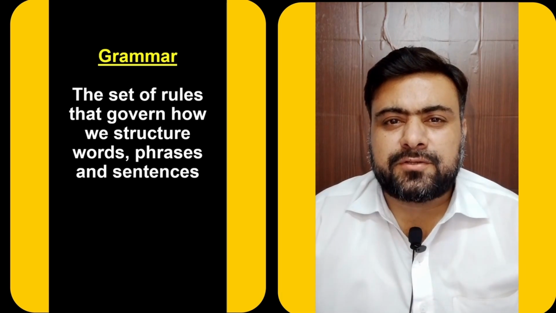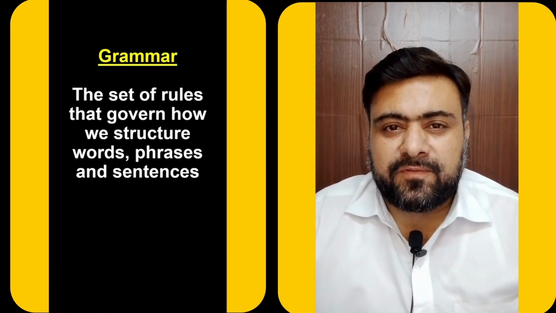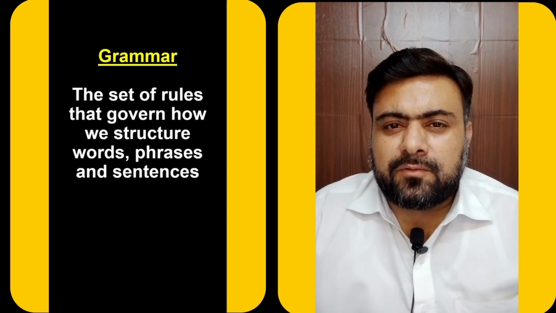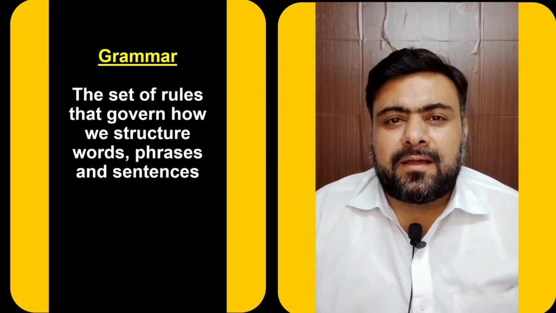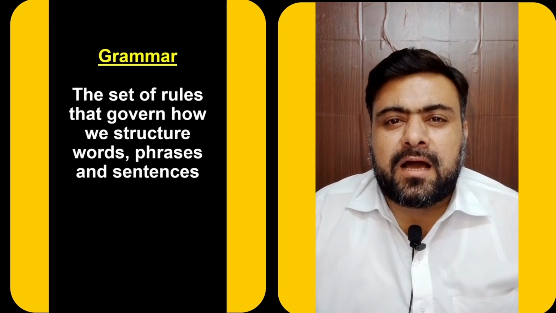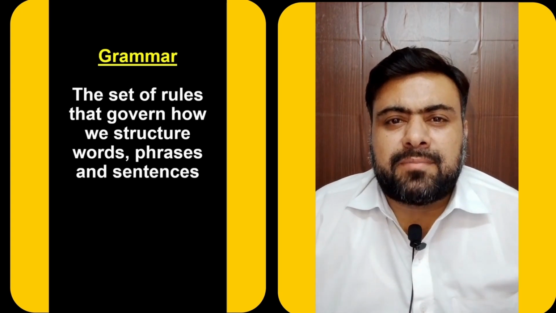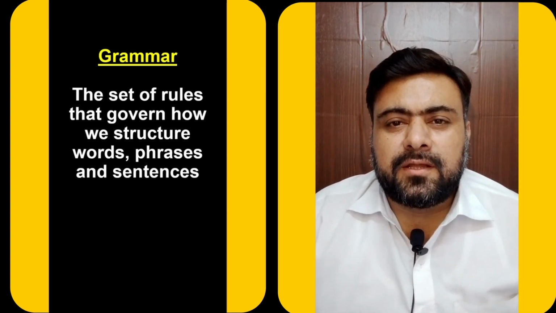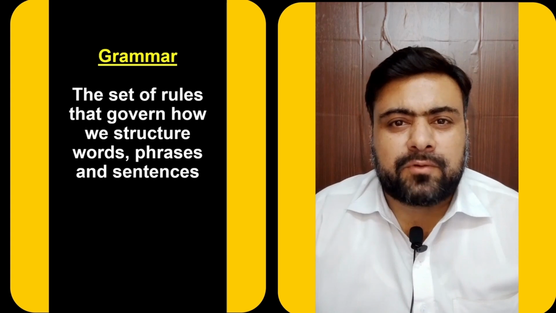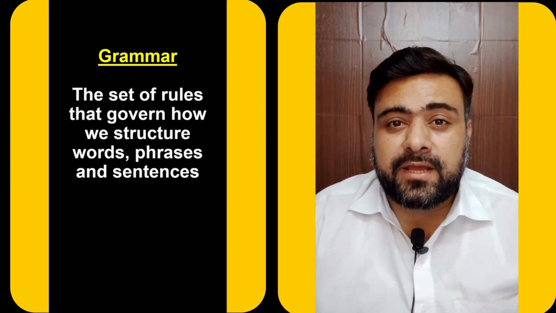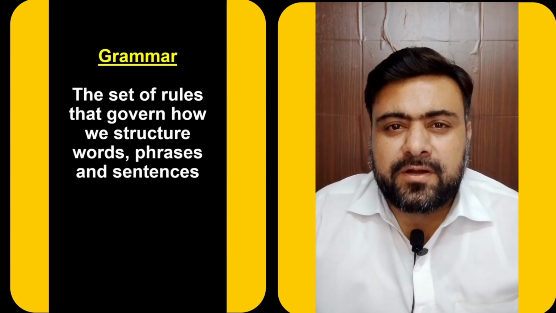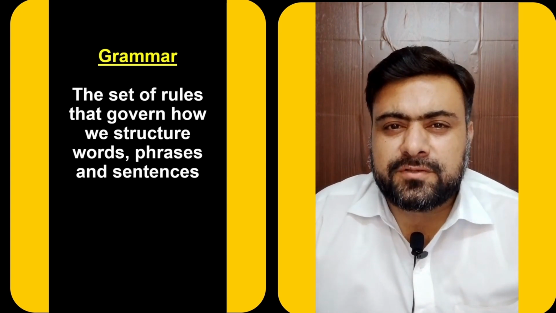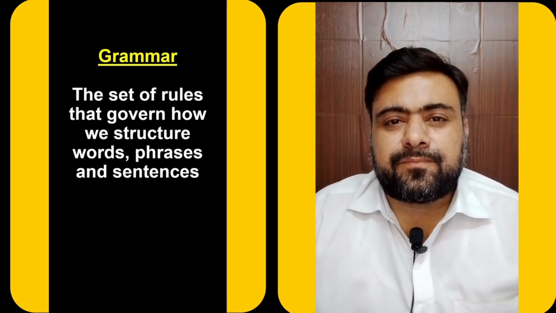Further, grammar also tells us how these words are combined to form phrases and how those phrases are combined to form sentences. Grammar tells us the names of those categories of words, and it also tells us about the functions of these words.